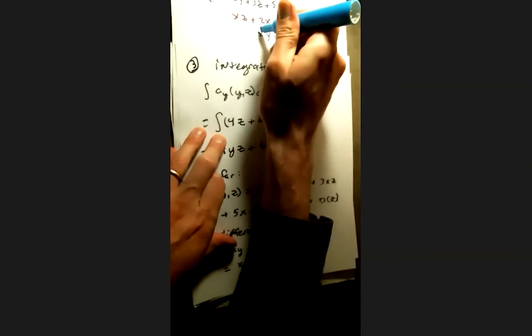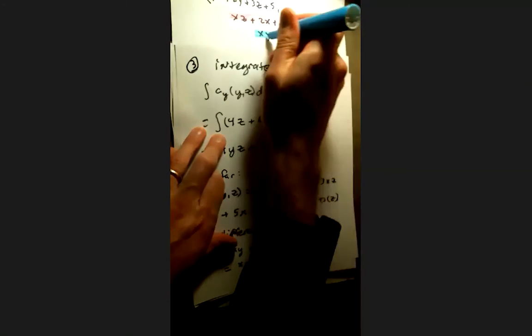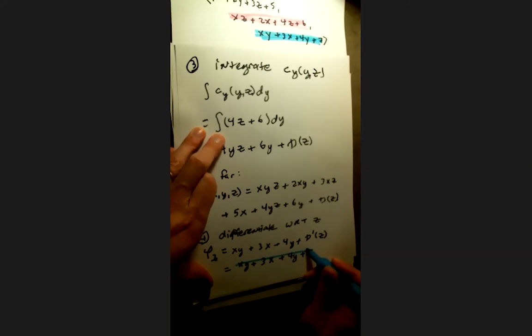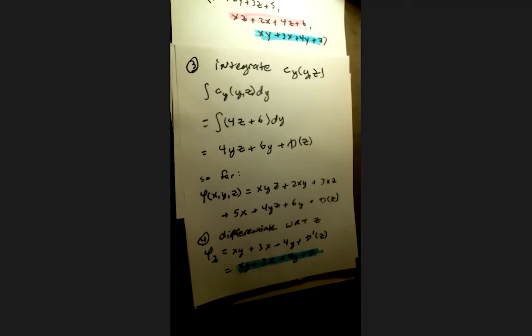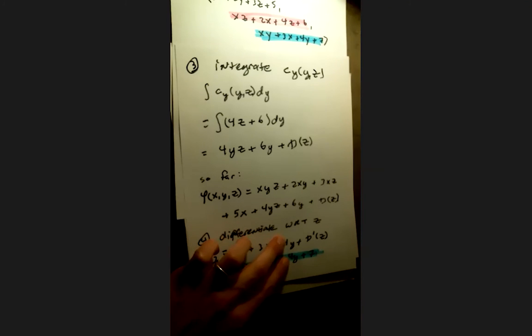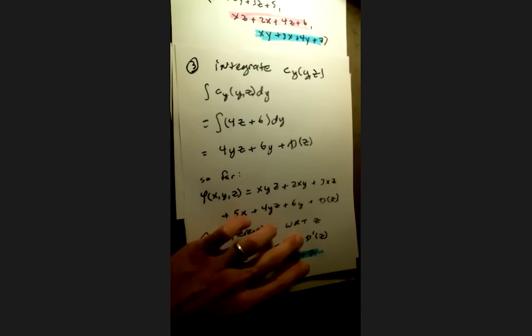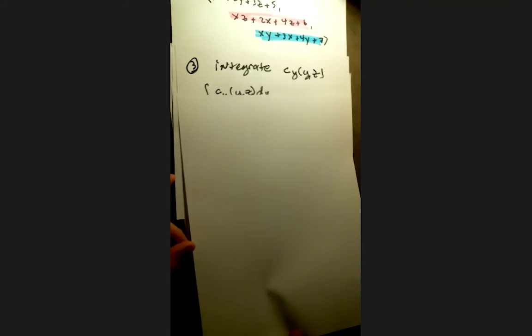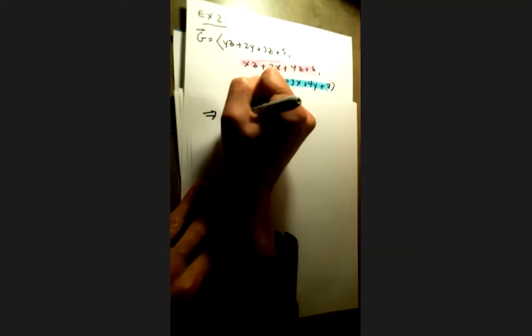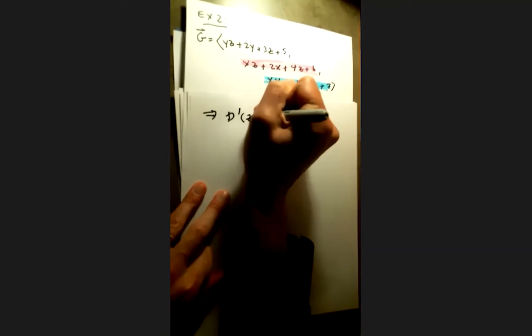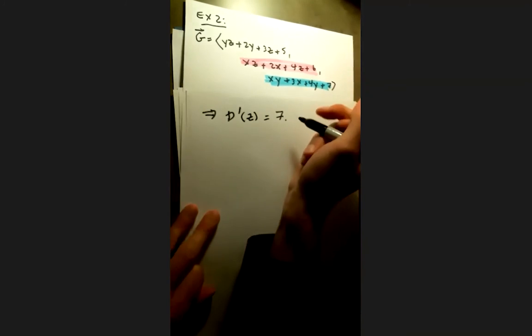That h function that we were given right at the outset, we're setting equal to this partial derivative. From there, you should be able to see that the xy's and 3x's and the 4y's match. All that's left is d prime of z equals 7.